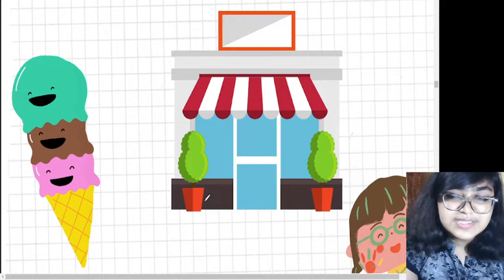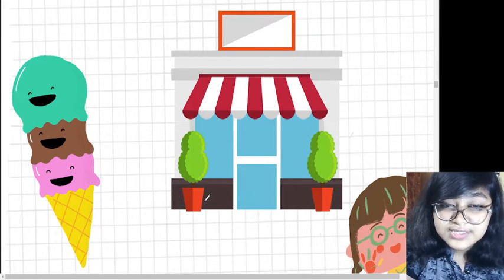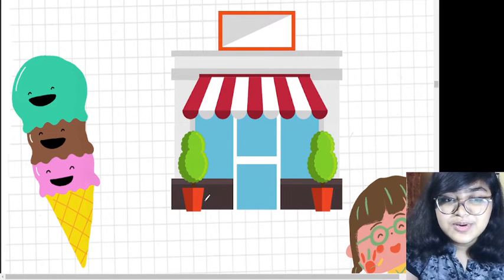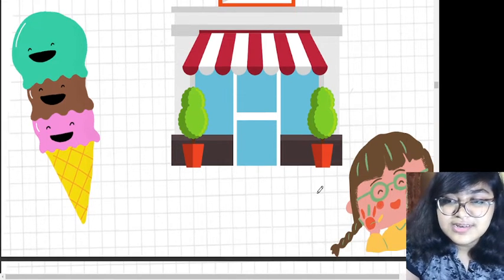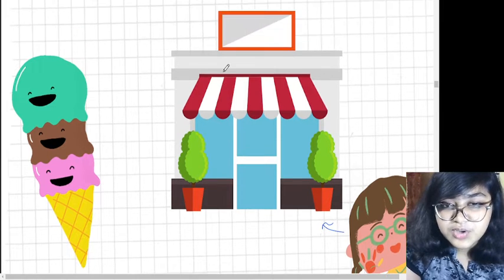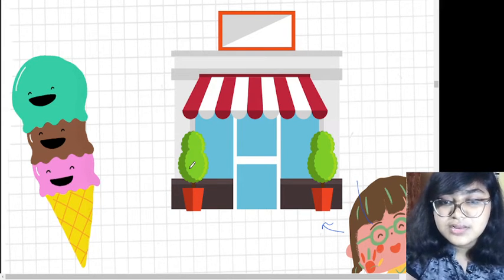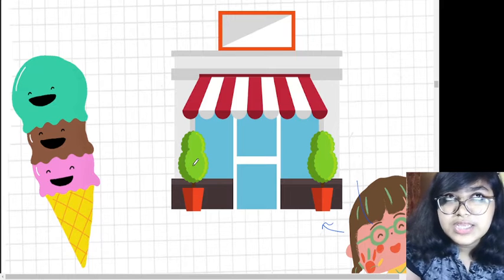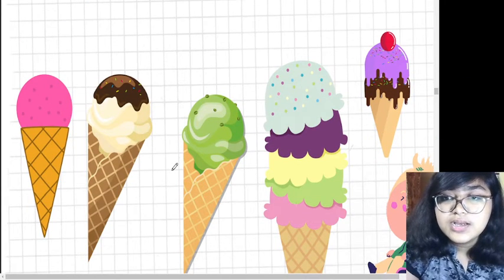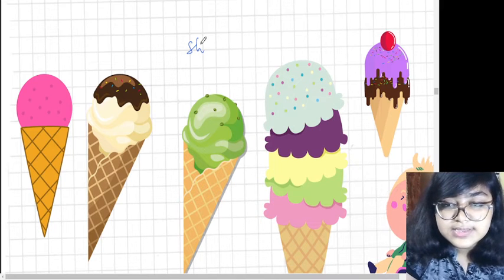There are a lot of flavors in the market right now, and these days remembering all the names of the flavors is really difficult. So suppose this is a girl, and she went to buy an ice cream in this shop, and she is really happy. And suppose she doesn't know the names of the flavors. So the shopkeeper has shown her all the flavors, and she has to choose amongst them.